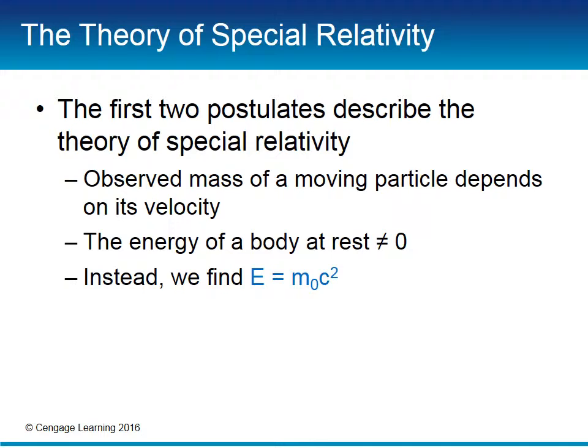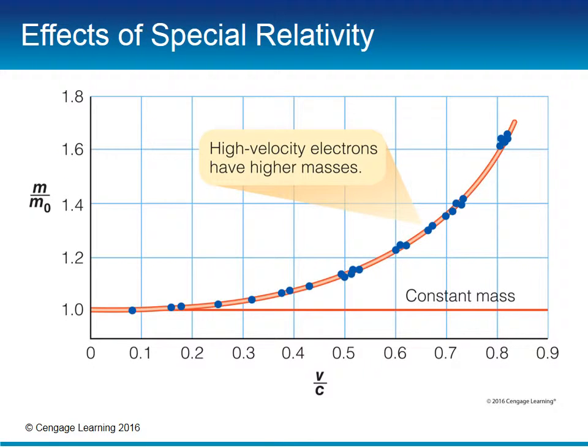The first two postulates of the theory of special relativity are: observed mass of a moving particle depends on its velocity. The energy of a body at rest does not equal zero. Instead, we find that E equals rest mass times the speed of light squared. The observed mass of moving electrons depends on their velocity.